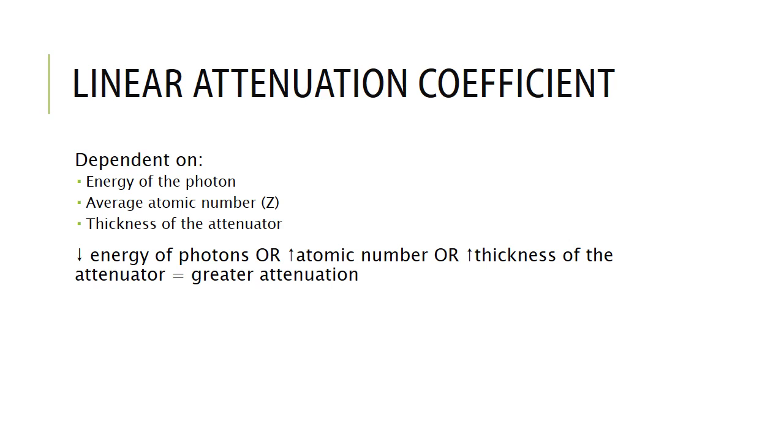It's expressed in units of inverse centimeters, and it's dependent upon the energy of the photon, the average atomic number, and the thickness of the attenuator. So when you're talking about matter that's capable of lessening the intensity of the photons, you need to talk about the attenuator material and what properties it has to be able to stop that penetrating ability.